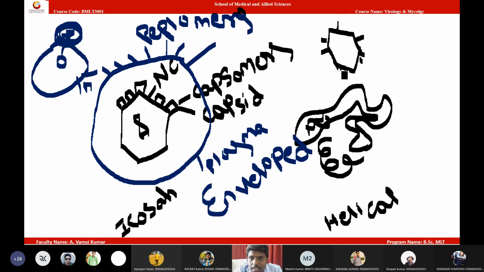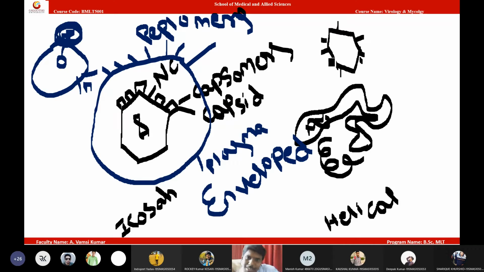Viruses with a cell membrane are called enveloped viruses. So depending upon the presence of this membrane, viruses are divided into two types: enveloped viruses and non-enveloped viruses. Non-enveloped viruses don't have any cell membrane, whereas enveloped viruses have a cell membrane.